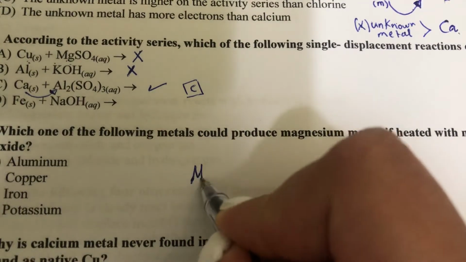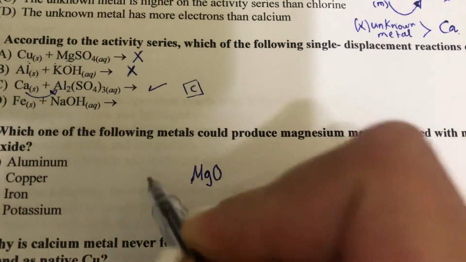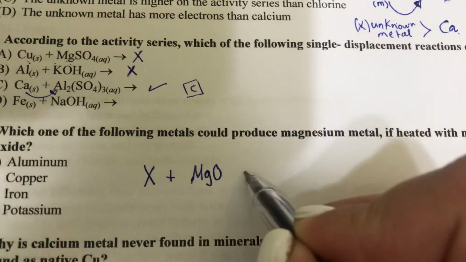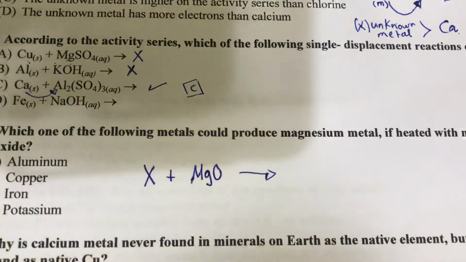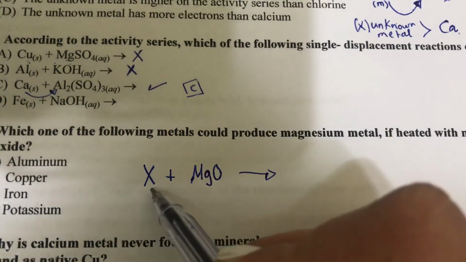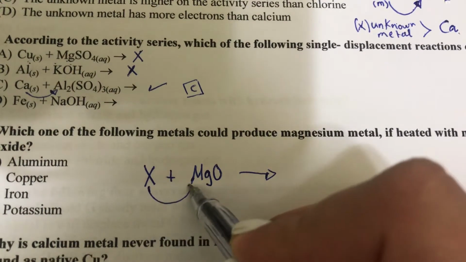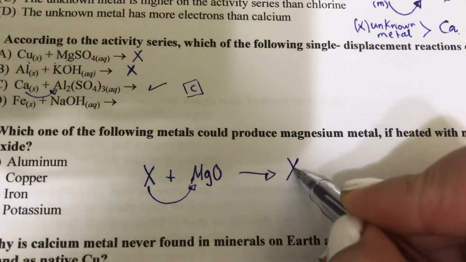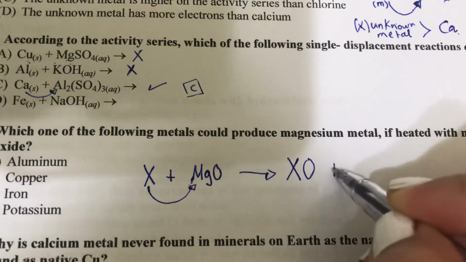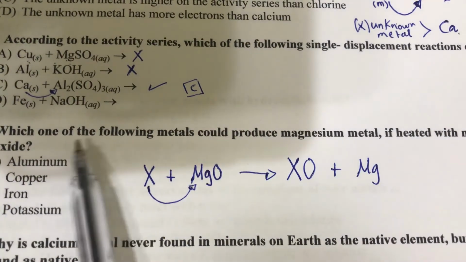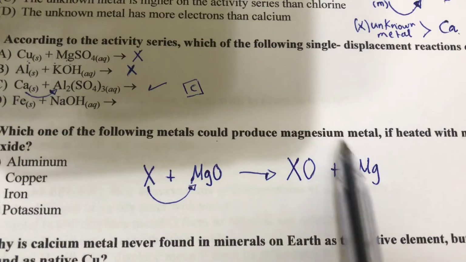You have magnesium oxide plus an unknown metal, and the product is the unknown metal with oxygen, plus Mg, as the metal replaces magnesium.